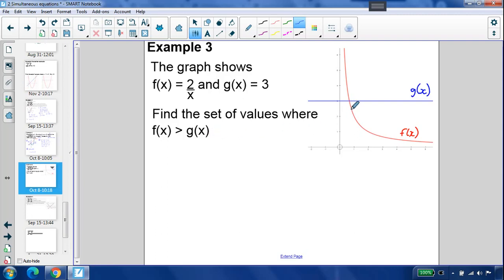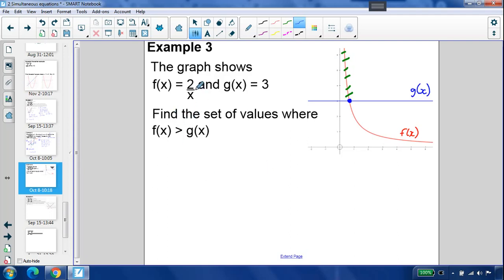So f of x is greater than g of x here. But we need to work out what this value is so we know what the set of values will be from there. So the way we could work that out is by simultaneous equations.